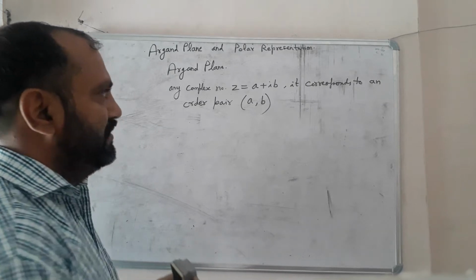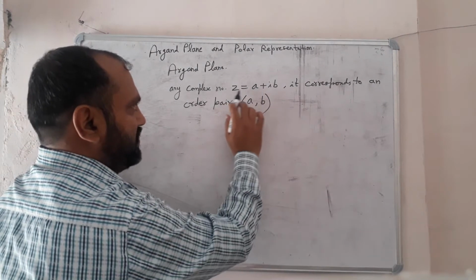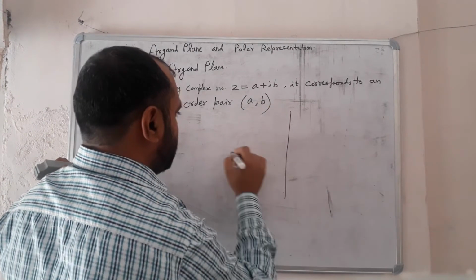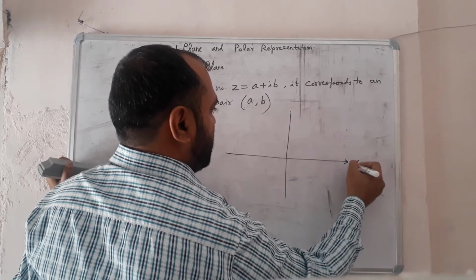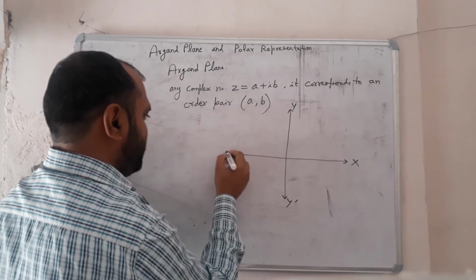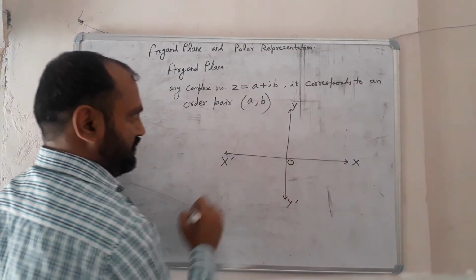Whenever you represent this complex number in Argand plane, meaning xy plane, let this is x axis, this is y axis, this is negative y axis, this is negative x axis, this is the origin, right?